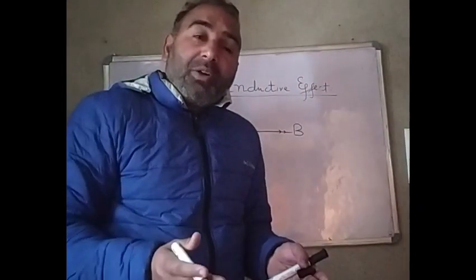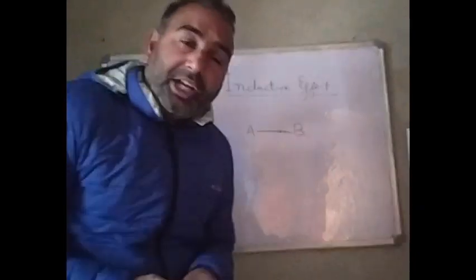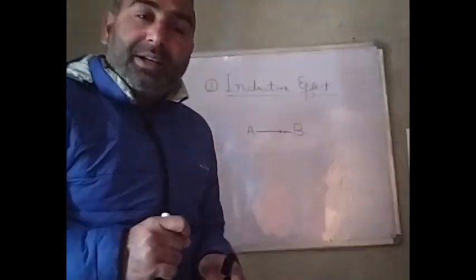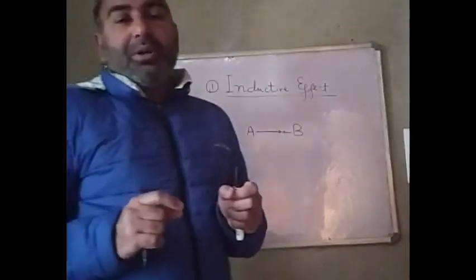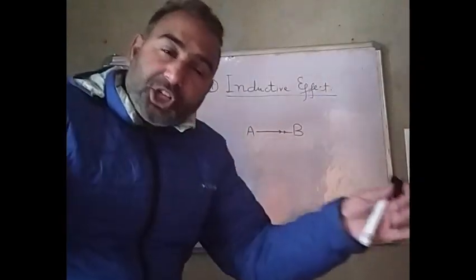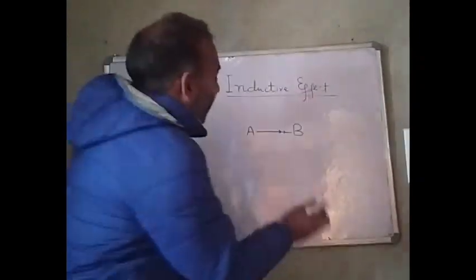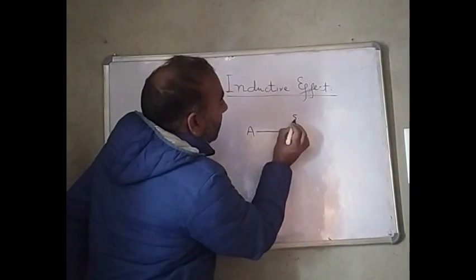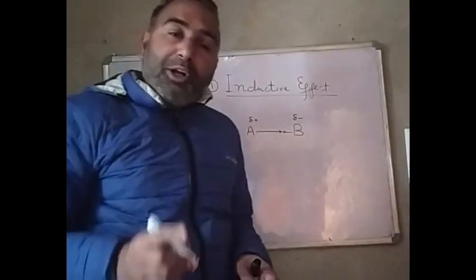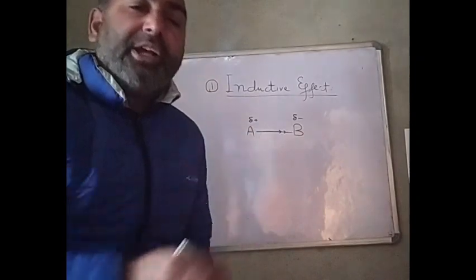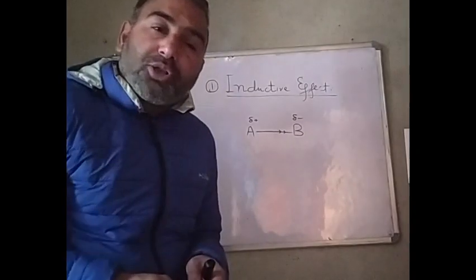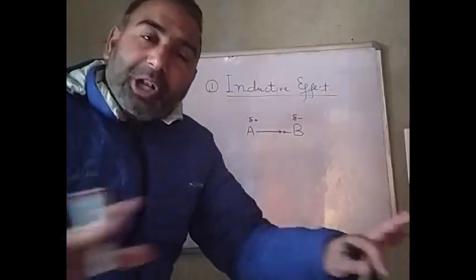And what is the result of this difference in electronegativity? Positive and negative centers are created in the molecule. In other words, the molecule becomes polar. Separation of charge takes place because when this electron density shifts, element B acquires a partial negative charge and element A acquires a partial positive charge. Here the molecule becomes polar.